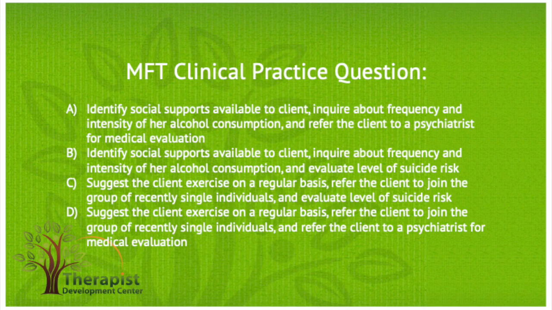C. Suggest the client exercise on a regular basis. Refer the client to join the group of recently single individuals. Evaluate level of suicide risk. D. Suggest the client exercise on a regular basis. Refer the client to join the group of recently single individuals. Refer the client to a psychiatrist for medication evaluation.